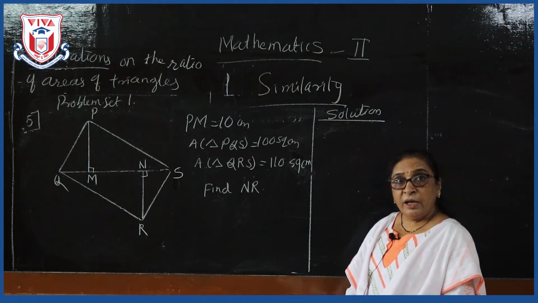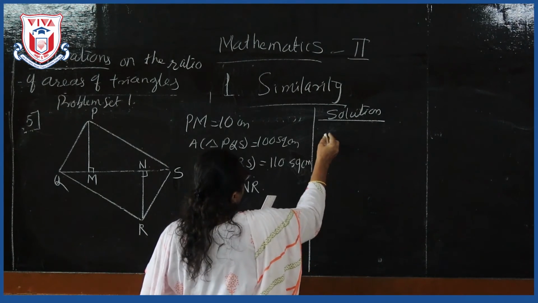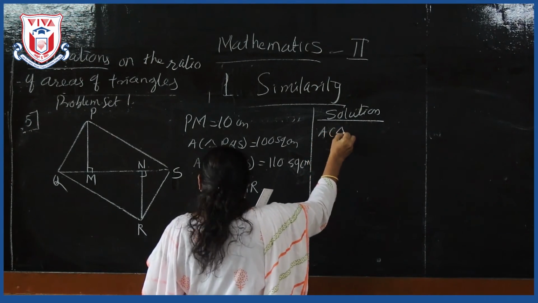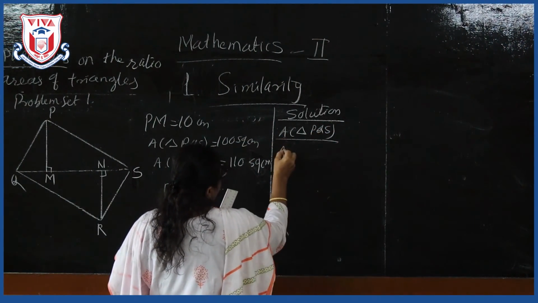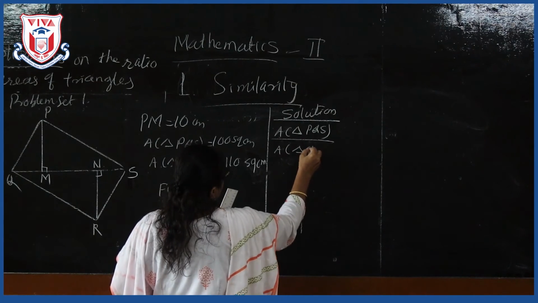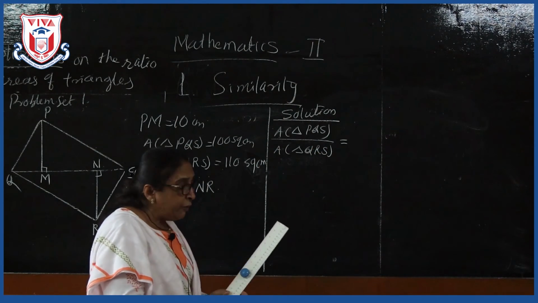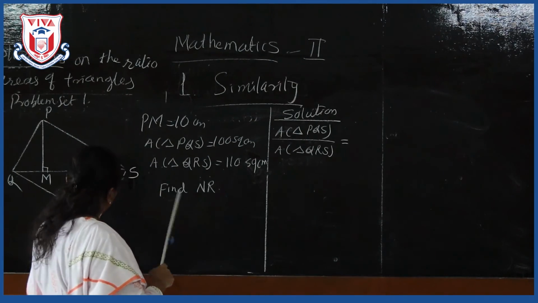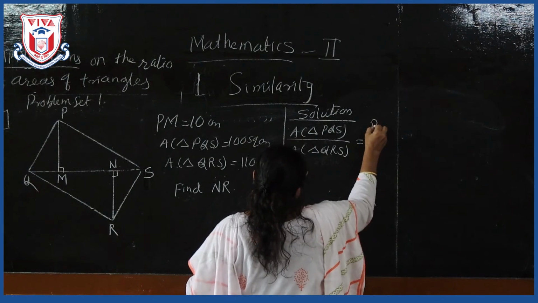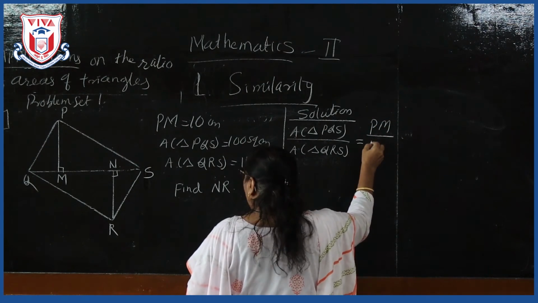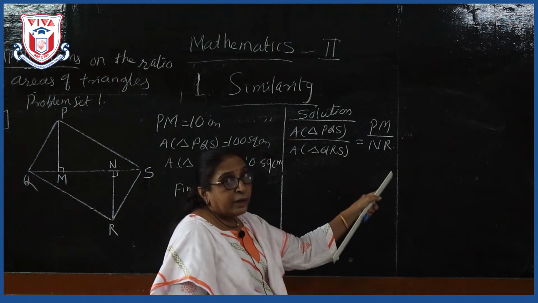Let us write the ratio of the areas of two triangles in the solution. Area triangle PQS upon area triangle QRS is equal to. Now if you see, the triangles are having common base, so areas are proportional to their corresponding heights PM and NR.